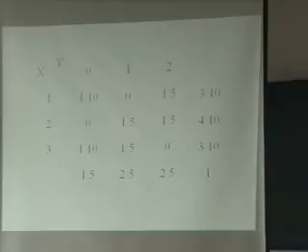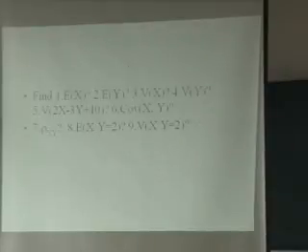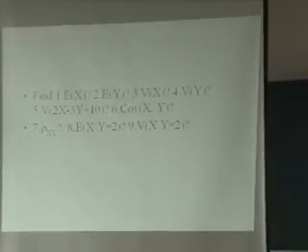Okay, so let us look at the question. So what is the question there? The first question, find expectation of x. The second question, find expectation of y. The third one, variance of x. The fourth one, variance of y. The fifth one, variance of 2x minus 3y plus 10.